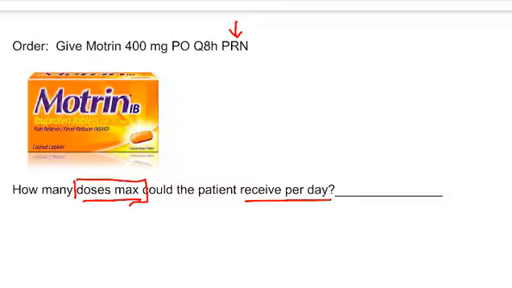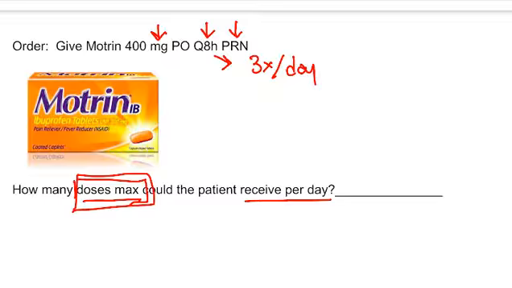So if this patient were to have this medication every 8 hours because they needed it, how many times per day could they get it? That would be 3 times per day. If they had it every 8 hours, they would have it 3 times a day. And this isn't asking me how many milligrams, this is asking how many doses the patient could get. So my answer is 3 doses per day max.